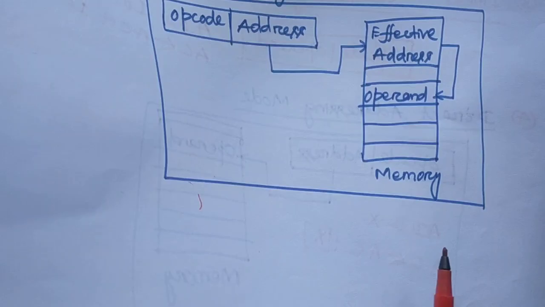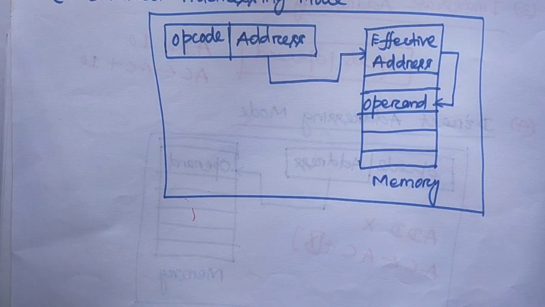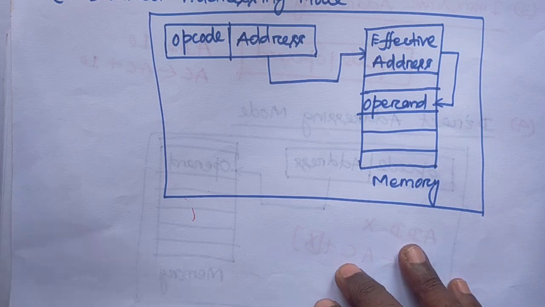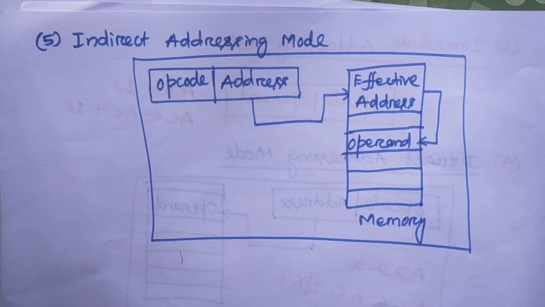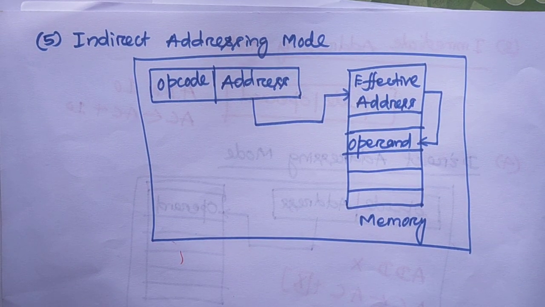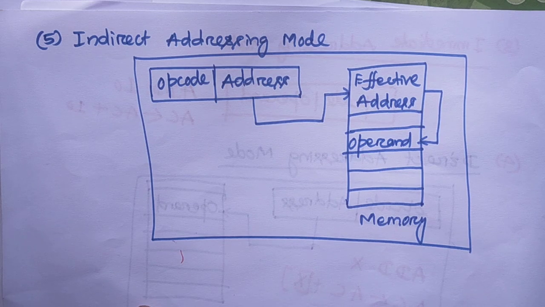I will show you how it is defined. In the direct address mode, the address directly gives the operand. But in the indirect address mode, the operand cannot be found directly through the address. There is an effective address where the operand can be searched, so one address after another, or a pointer, is followed until the operand is found.